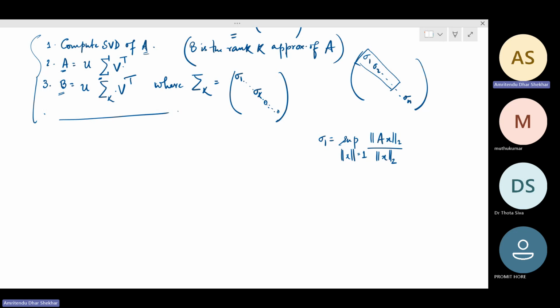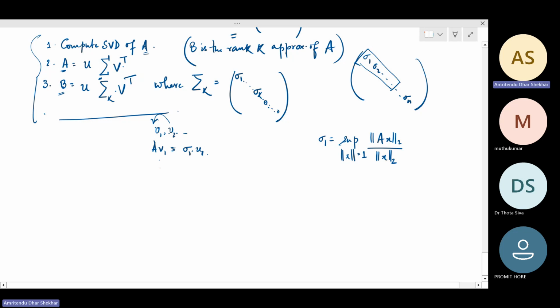Now, if you want to compute the second largest singular value, you put a constraint over here. Recall that when you're doing these singular value computations, you have these singular vectors v1, v2 and so on, where A v1 is equal to sigma 1 times u1, and so on. But this v2 is orthogonal to v1.